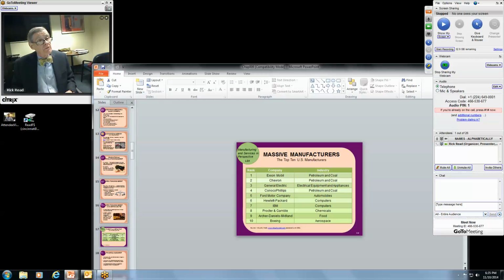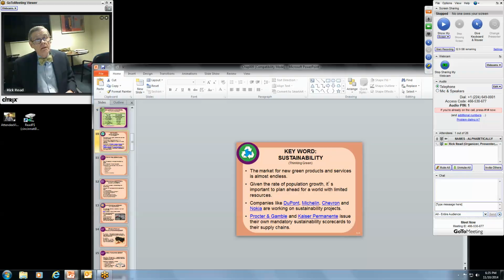People may not even think about them as being a manufacturer. They are. And of course, what we're trying to do today in this thick and green on page 235 is sustainability. Companies are working on sustainable projects. Certainly Procter & Gamble is, and other organizations. DuPont, Michelin. Of course, Michelin is a French company, but Chevron is certainly not.